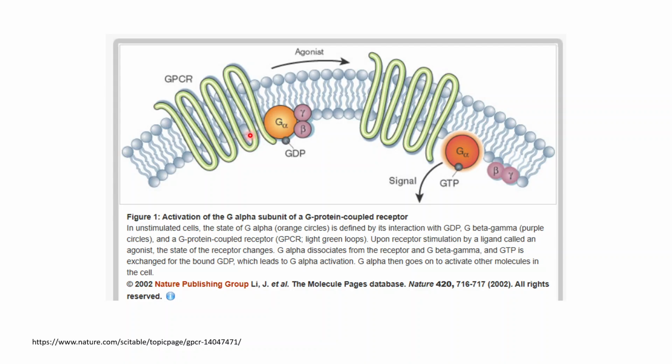This will activate the pathway where GDP is exchanged for GTP. This allows the separation of the G protein from the receptor, meaning the G alpha becomes separate and the beta gamma becomes separate. And then these move along and go on to activate other molecules and other signaling pathways. So that's how it works.